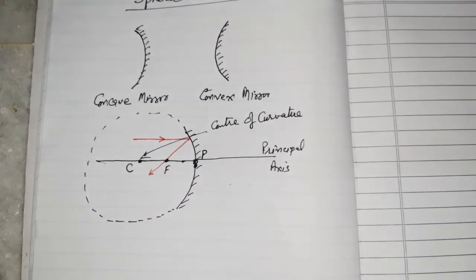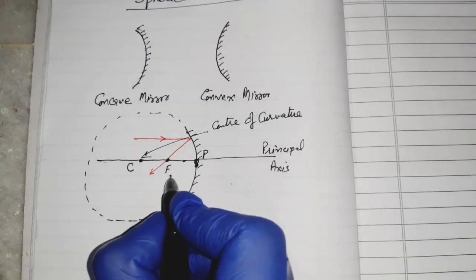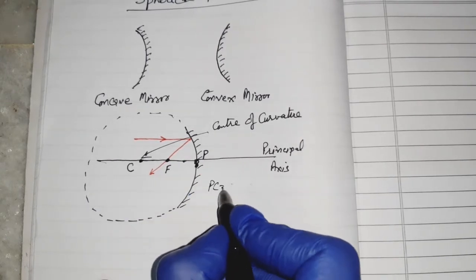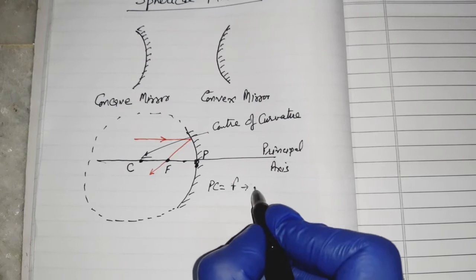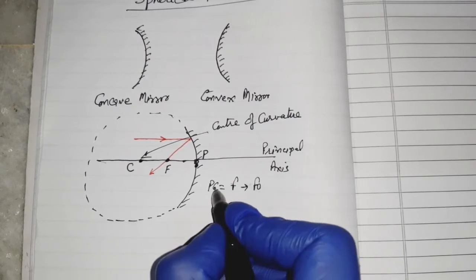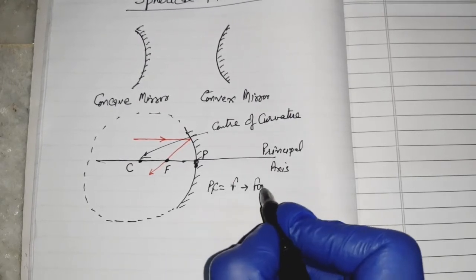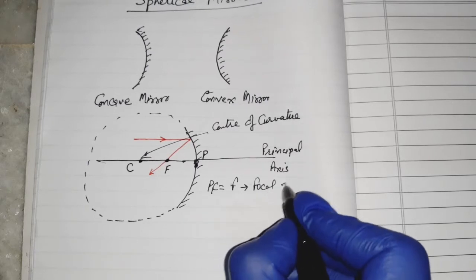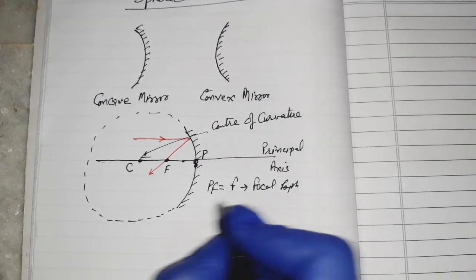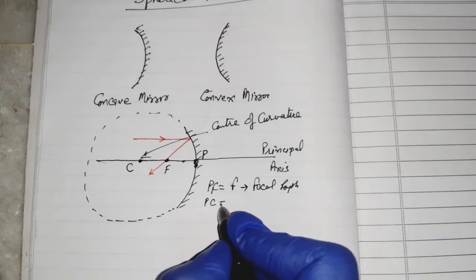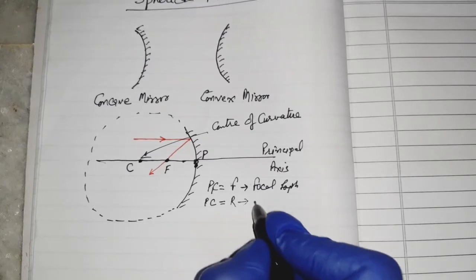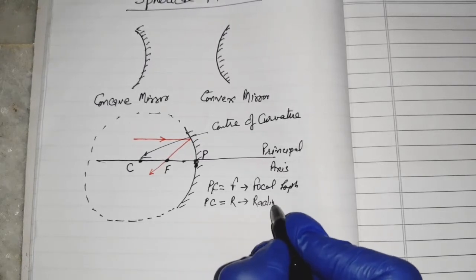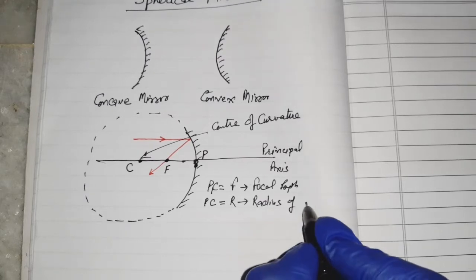This point is called the focus. This length PF is called the focal length, and this PC is called the radius of curvature and is represented by capital R.